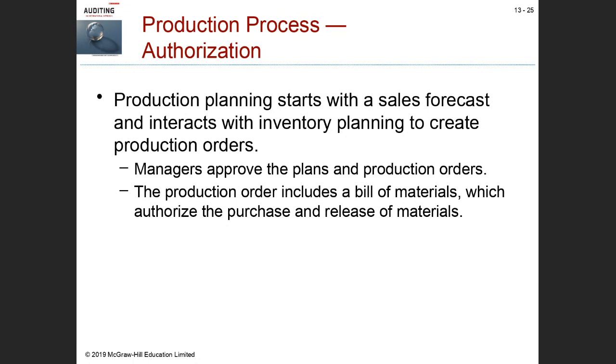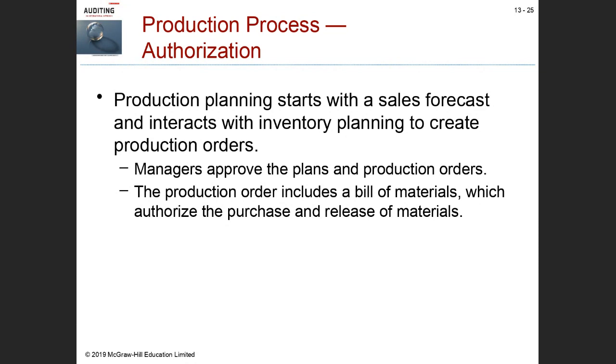So all of the production plans that we're going to put in place are heavily dependent upon the sales forecast. So we do the sales forecast first, and then come up with an actual production plan in terms of what it's going to cost to produce these units. And of course, we need to figure that out before we actually start producing the units. We don't just jump in there and start spending money without knowing what it's going to cost at the end of the day.